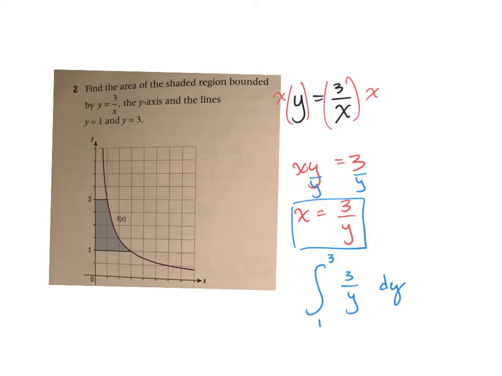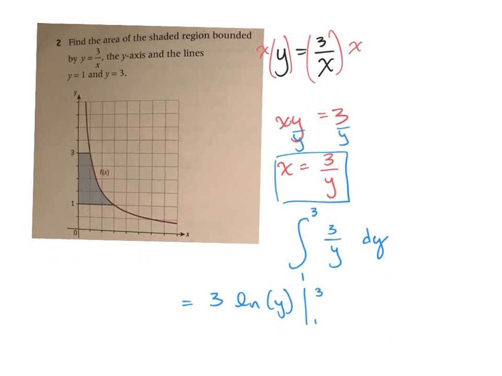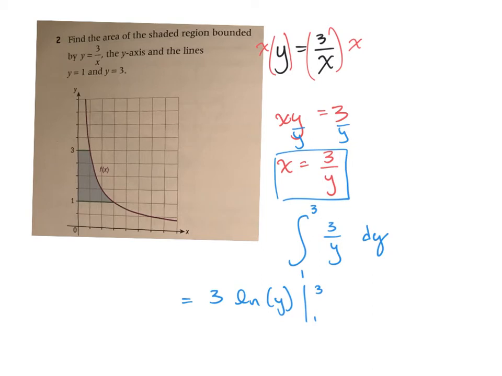So in this case, our antiderivative is going to be 3 natural log of y, and we're going to evaluate from 1 to 3. So to do that, we're going to get 3 natural log of 3 minus 3 natural log of 1. Okay, so the natural log of 1 is 0, so this whole thing just goes away.